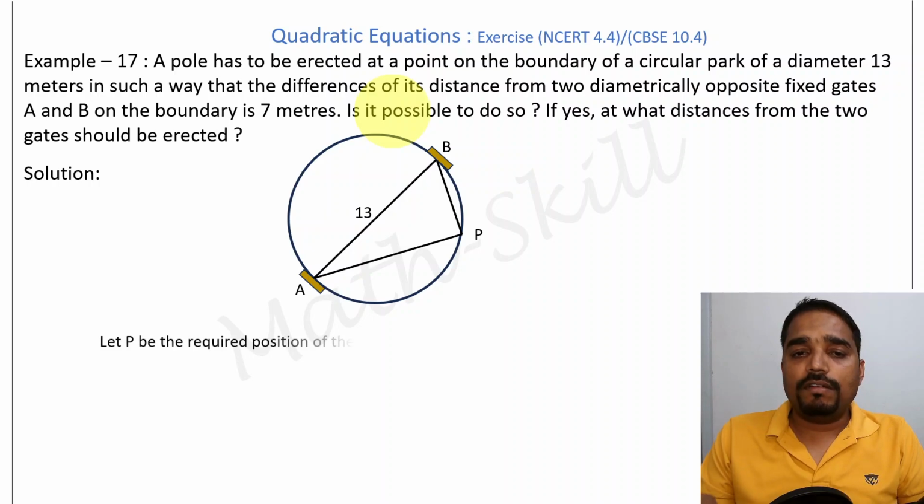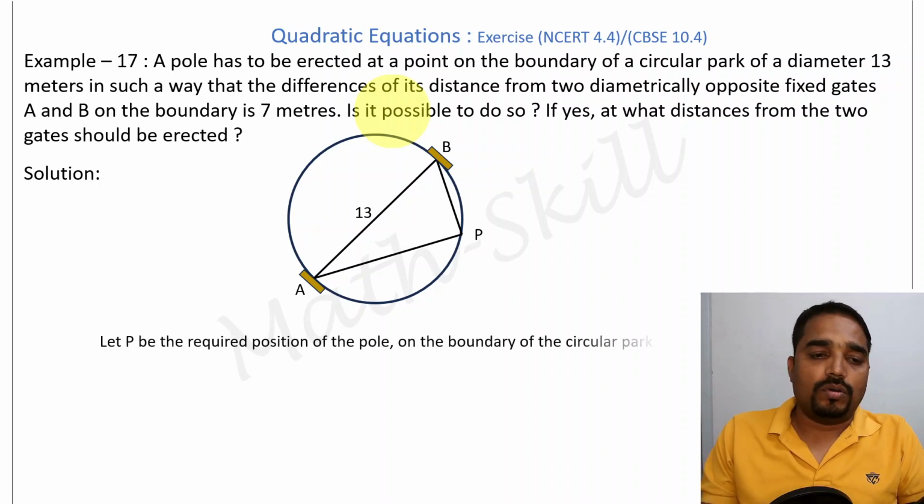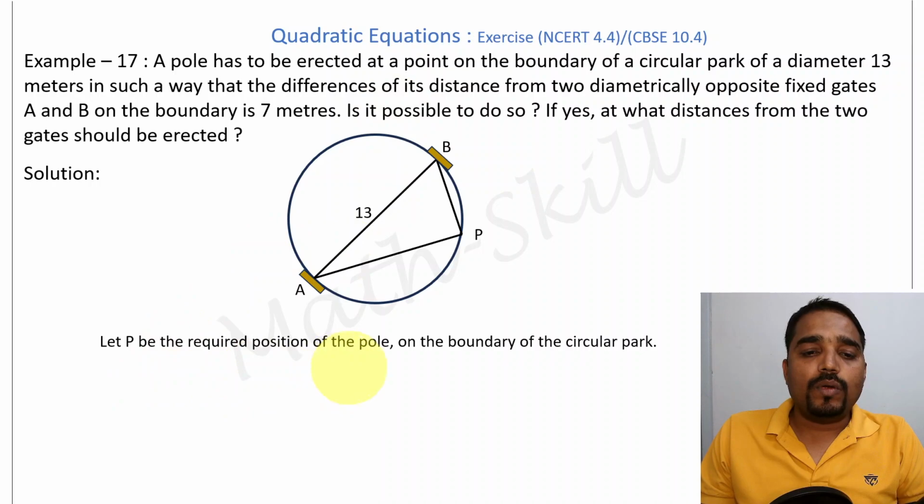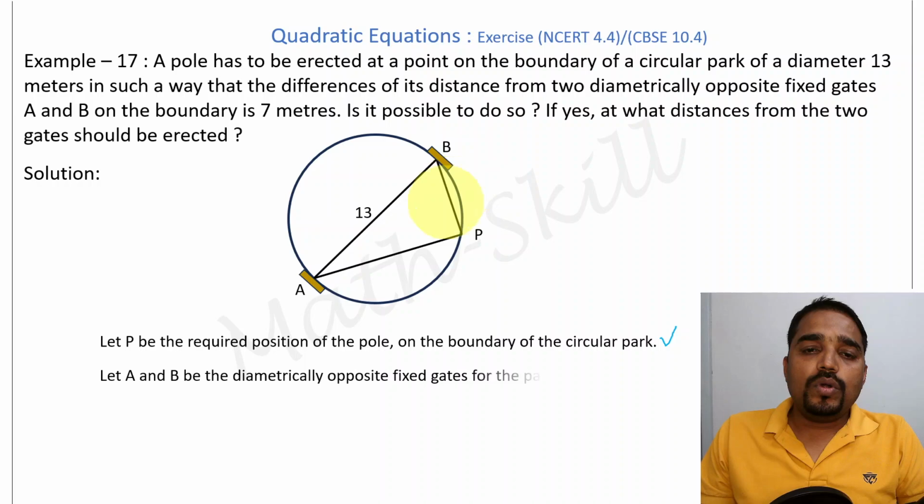Now whatever we have explained till now, let us note down. Let P be the required position of the pole on the boundary of the circular park. Also let A and B be the two diametrically opposite gates as given.